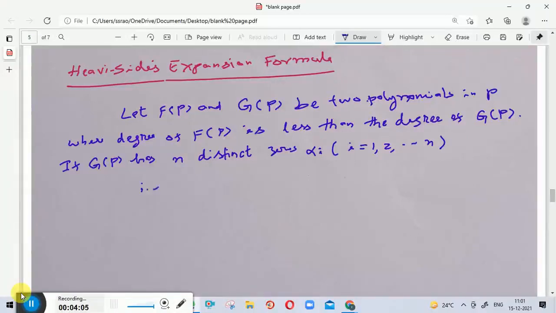That is, g of p is equal to p minus alpha 1, p minus alpha 2 and so on, p minus alpha n.